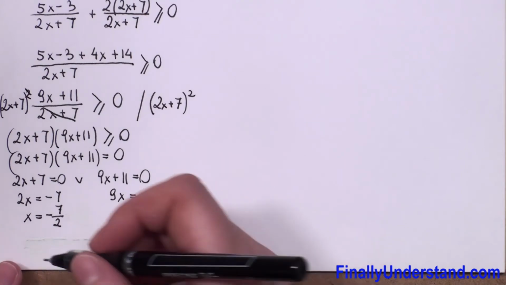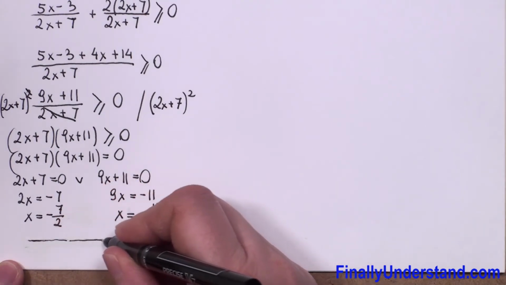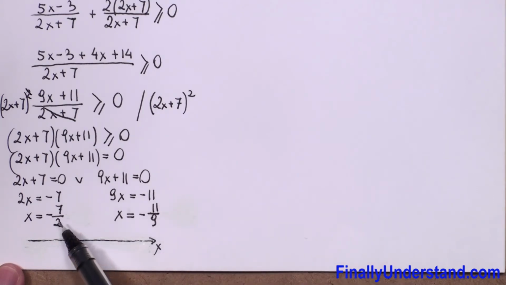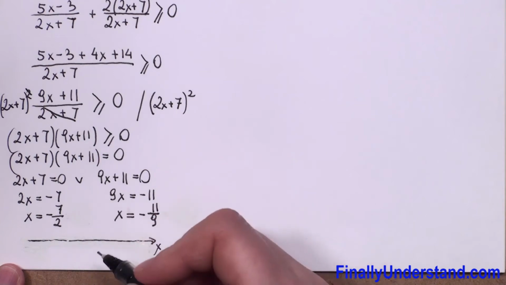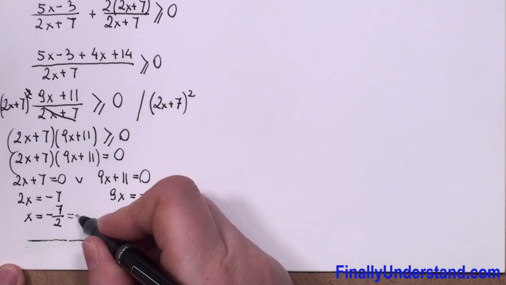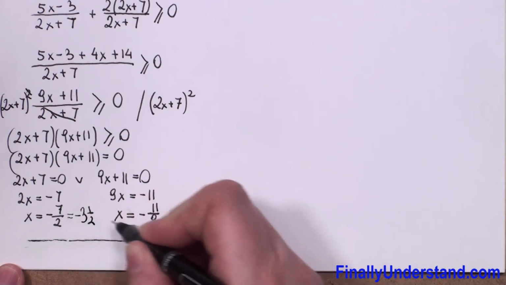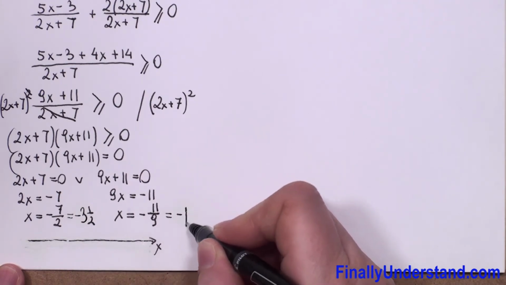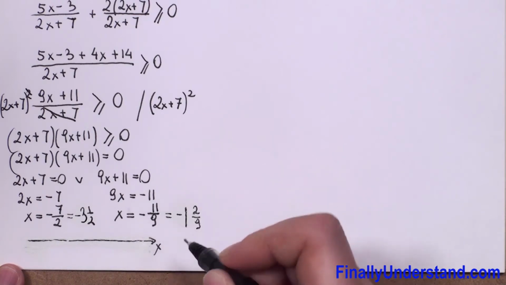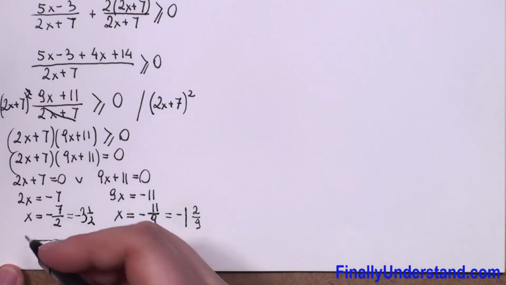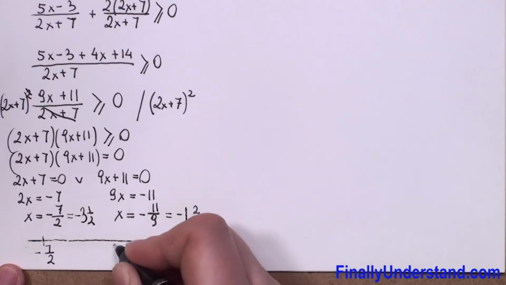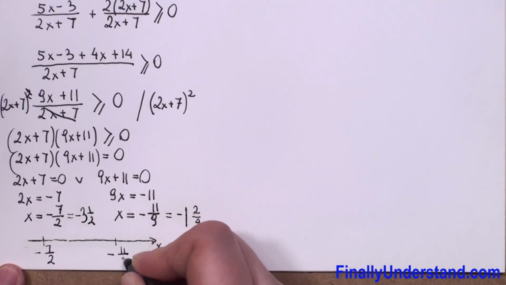Now we can draw the graph. We have the x number line. Now we have to put our roots. Negative 7 over 2 is negative 3 and 1/2, and negative 11 over 9 is negative 1 and 2/9. So this number is smaller. So first will be negative 7 over 2 and then negative 11 over 9.